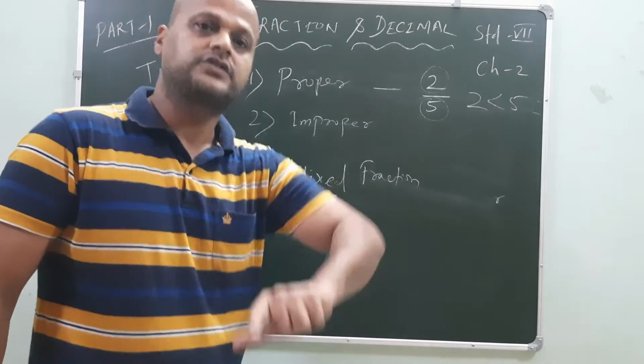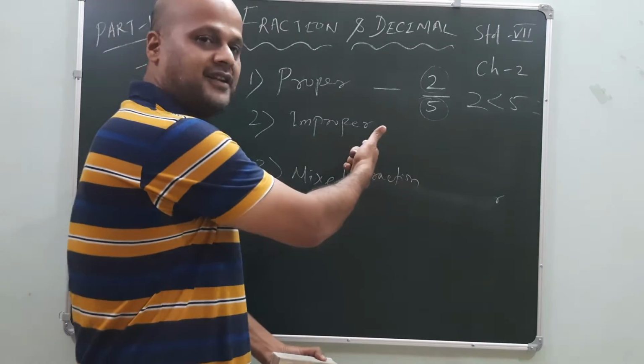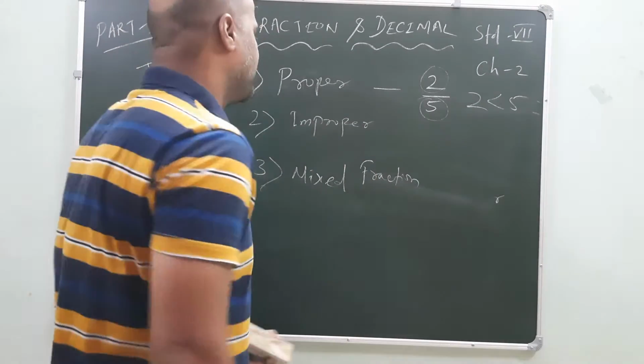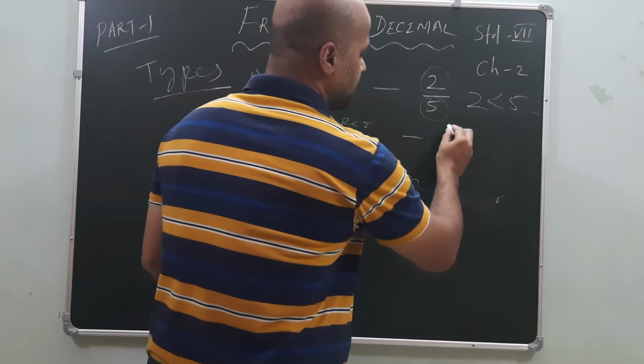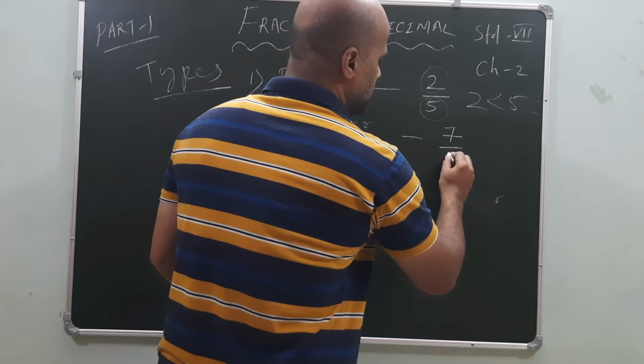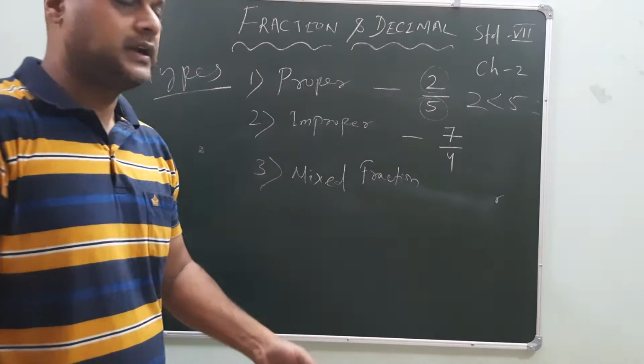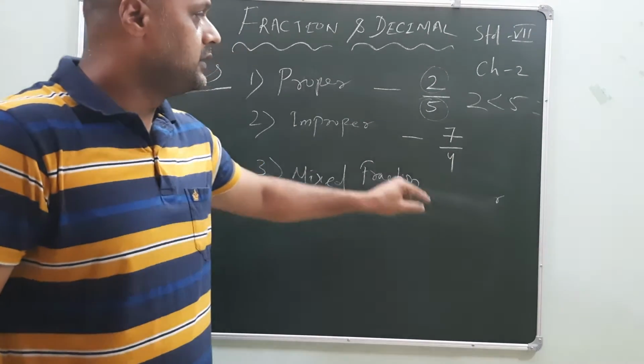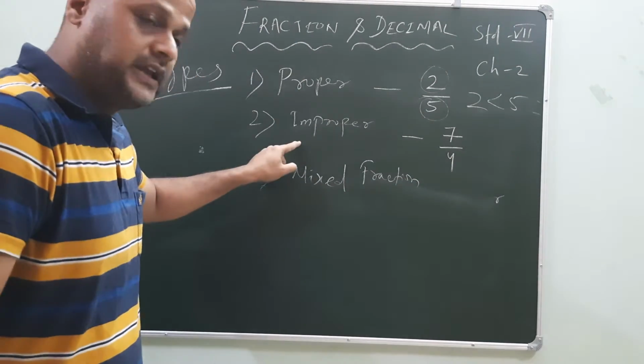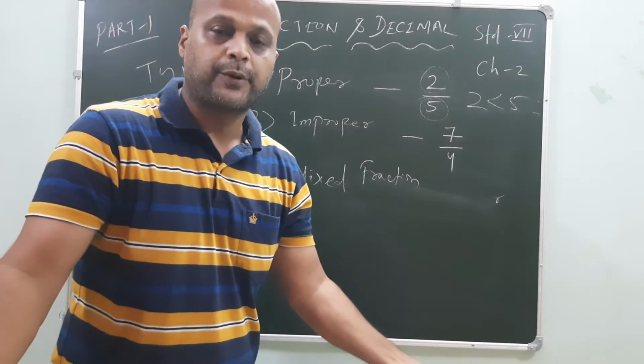The reverse of a proper fraction is called an improper fraction. Understood? Here I will write 7 by 4. Remember that 7 by 4 is called an improper fraction. So what is the definition of the improper fraction?